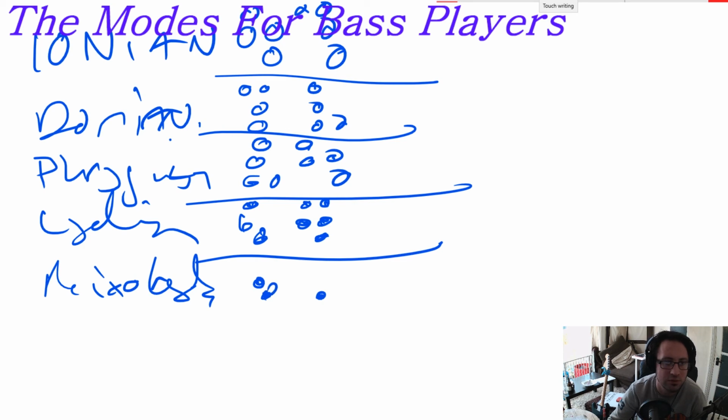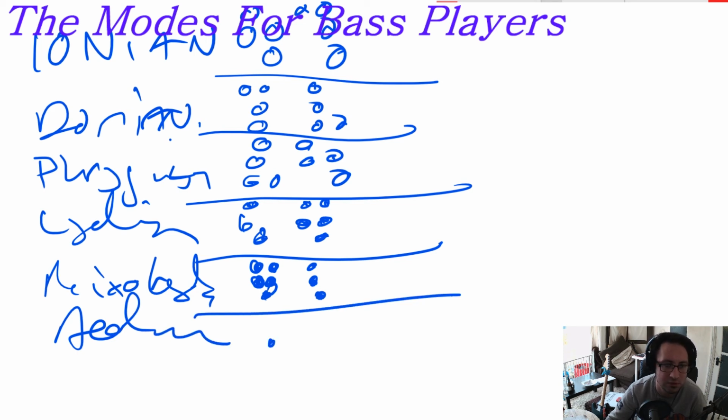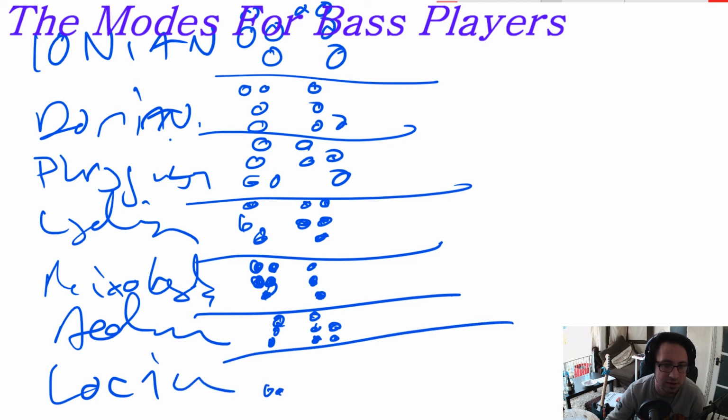So root, second, third, fourth, fifth, sixth, flat 7, octave, and then Aeolian, which is root, second, minor third, fourth, fifth, minor 6, minor 7, octave, and then Locrian, which is root, minor second, third. So hopefully that makes some sense.